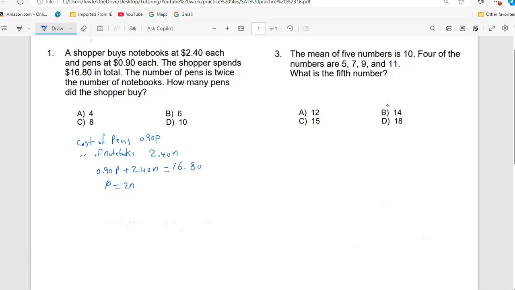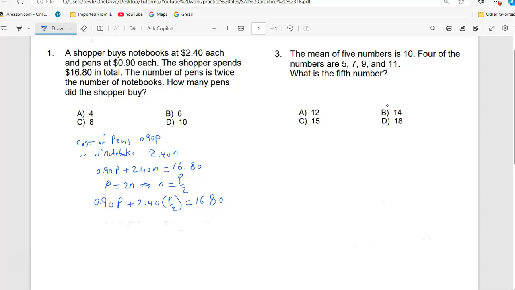We are looking for the number of pens, so it's better to have P and get rid of N. N equals P over 2. So our equation now is 0.90 P plus 2.40, and instead of N, I'm going to put P over 2, equals 16.80. And from this equation, I'm going to find my answer.